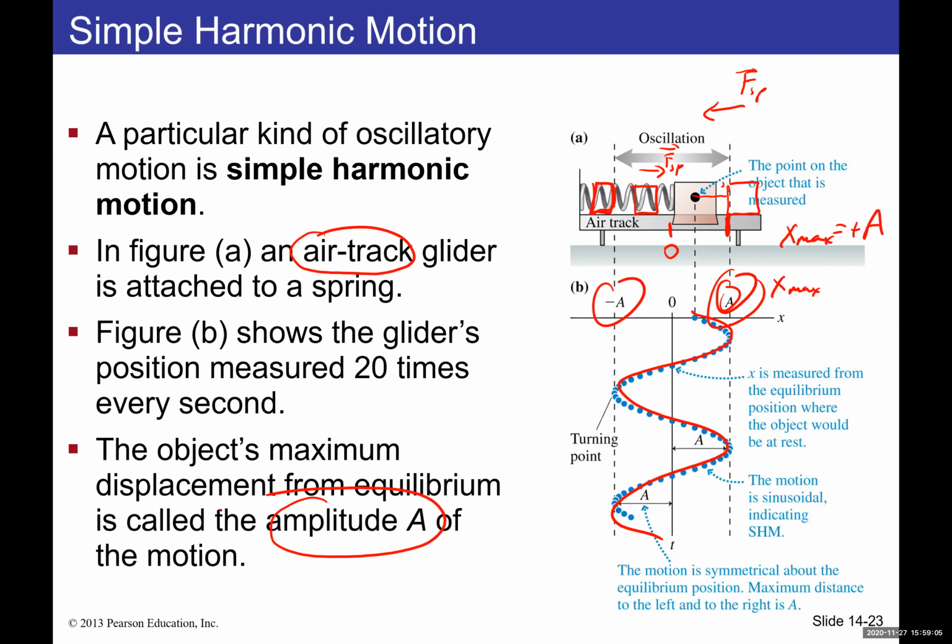So plus A means plus the amplitude quantity. Then when it goes to the other side, compressing the spring, it reaches the same distance but to the left of the equilibrium. Then x max on this side is equal to negative A, the negative position at the same distance as the amplitude. In a way, you can think of the amplitude as the distance from the equilibrium on each side. That's why it's always a positive quantity.